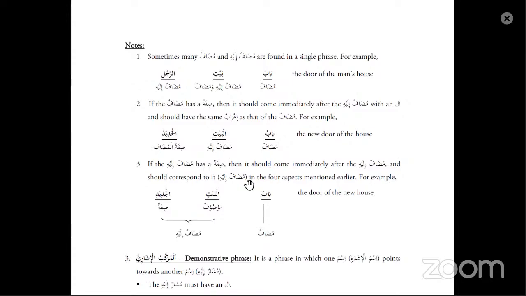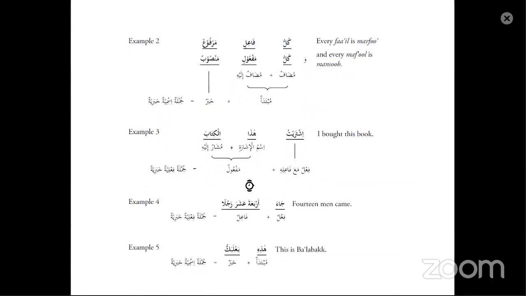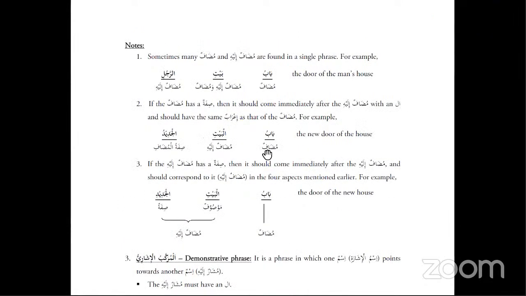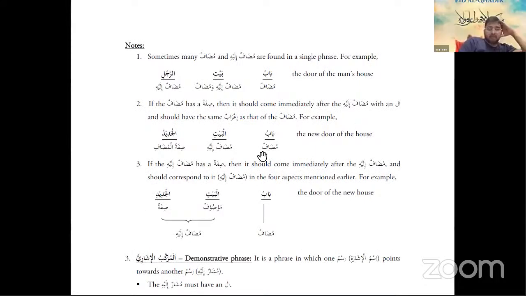But here, mudaf ilayh, sifatan mudaf. It's the terminology. Let me explain to you. Bab is mudaf, al-bayt is mudaf ilayh. Okay? Now, the word al-jadidu is coming with a dhamma, yes?